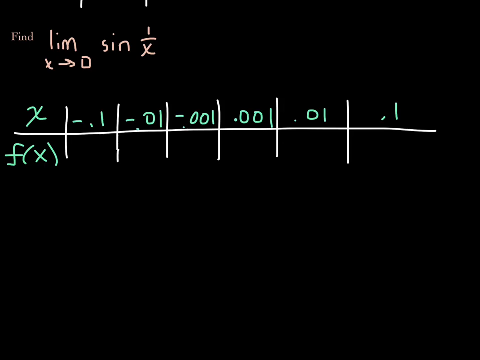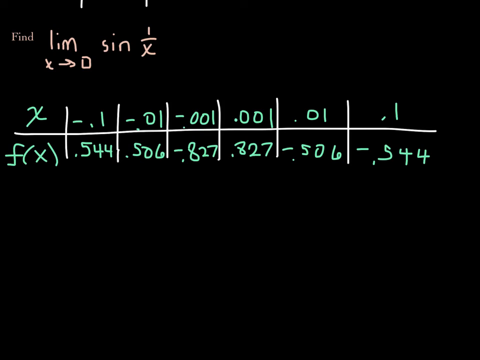Okay, I'm choosing these values here. You don't have to choose these particular ones, but I'm letting x approach 0 from the left, so I'm choosing negative 0.1, then a little closer to 0, negative 0.01, and negative 0.001. And then I'm going to approach 0 from the right, starting at 0.1, then 0.01, then 0.001. Let's plug each one of these values in for x and figure out what these function values are doing.